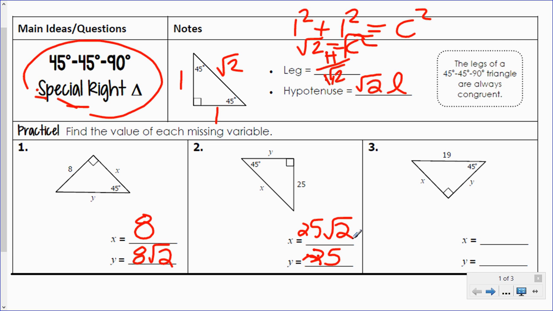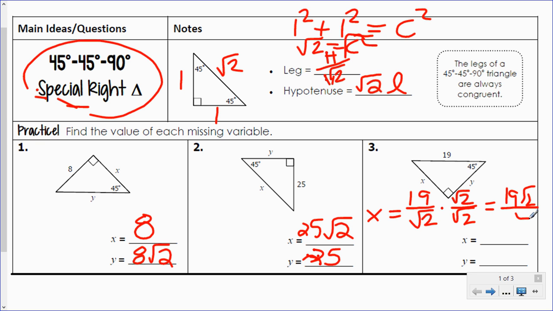All right, now if we look at number 3, this one's a little bit different. This time we're given the hypotenuse. So I'm going to solve for x first. So remember, the length of the leg, which is x here, is equal to the hypotenuse divided by the square root of 2. And you could leave it like that, or you could rationalize your denominator. So you multiply by square root of 2 over itself, multiply straight across, and you get 19 square root of 2 over 2.